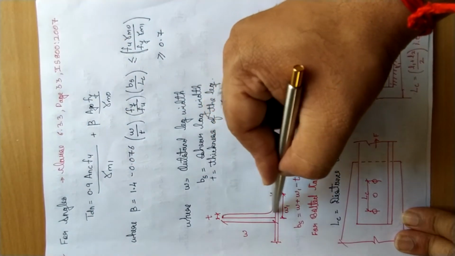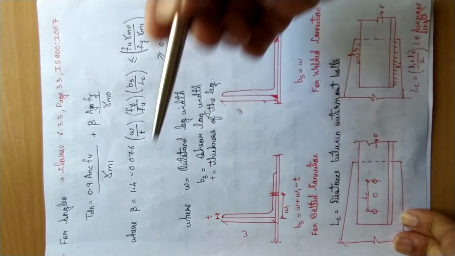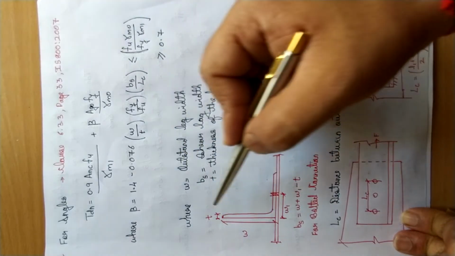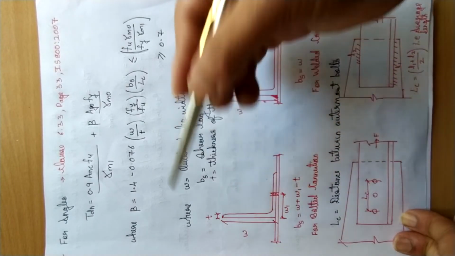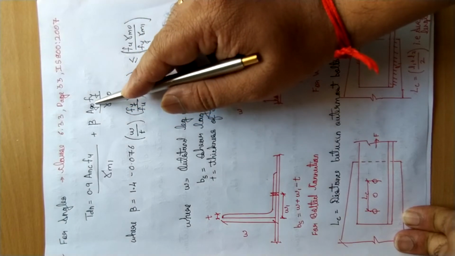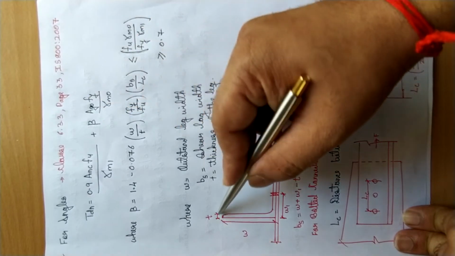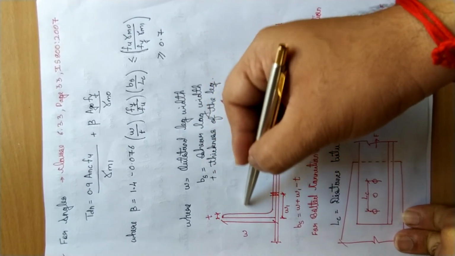Similarly, this is the outstanding leg. Outstanding means what? Which is projected, which is not directly connected to any member, which is just remaining outstanding. Such a portion is called outstanding. So this is referring to this Ago. Automatically, what happened? This is outstanding and there is no connection present. There is no bolt hole or anything.